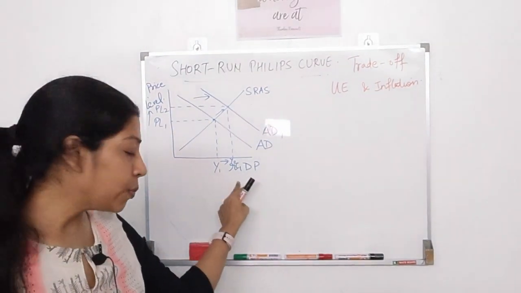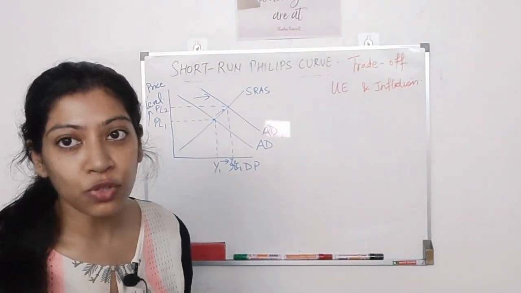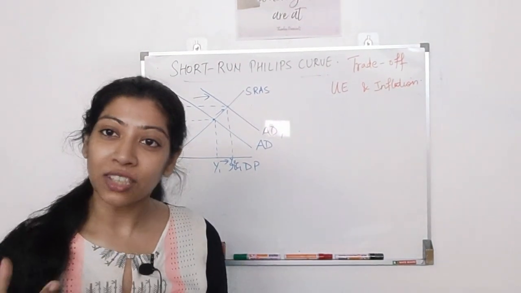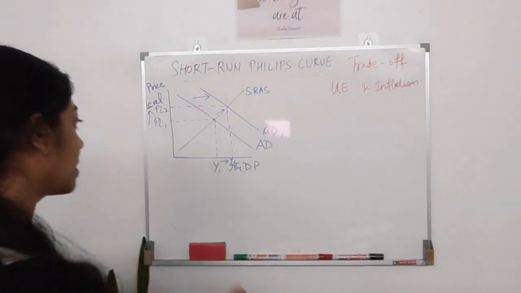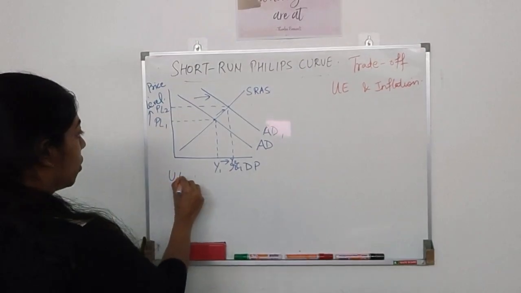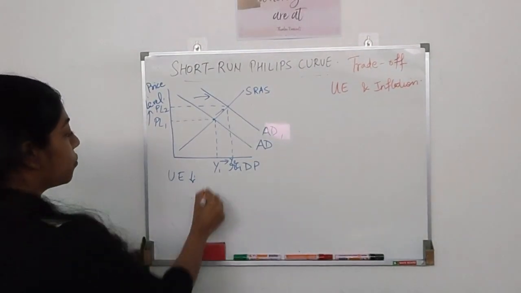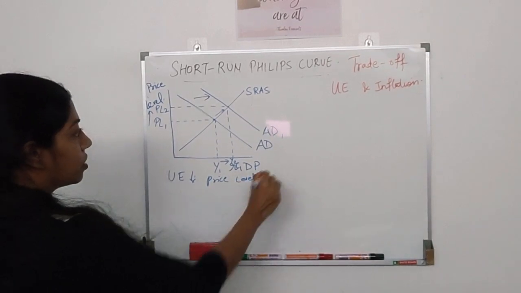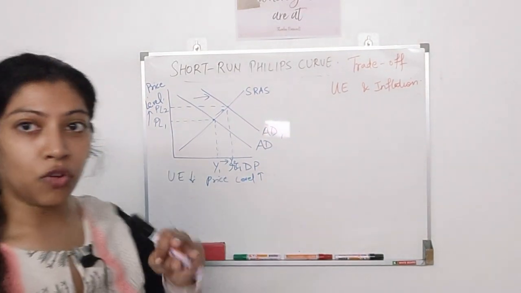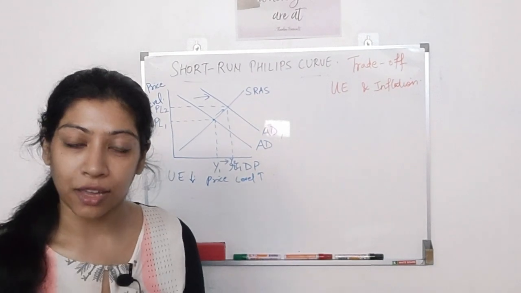Now that more output required more workers to produce those goods and services, which means obviously unemployment has decreased, as we can see here. Unemployment has decreased and the price level has increased. So we can definitely see that trade-off in our AD-AS diagram.